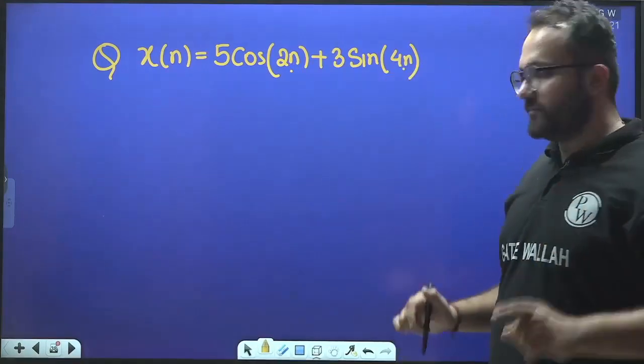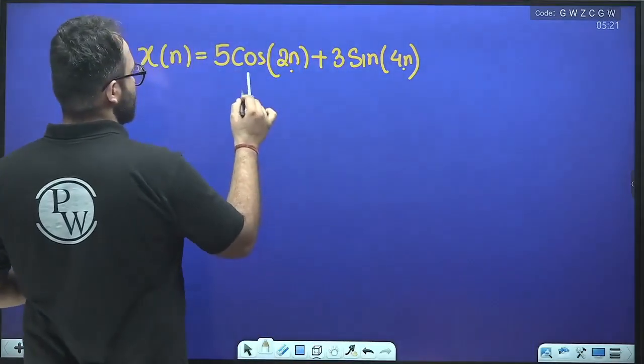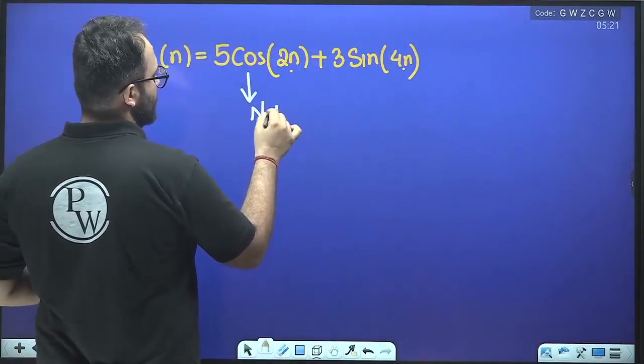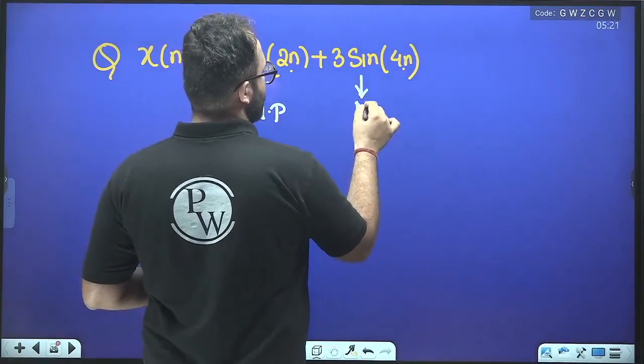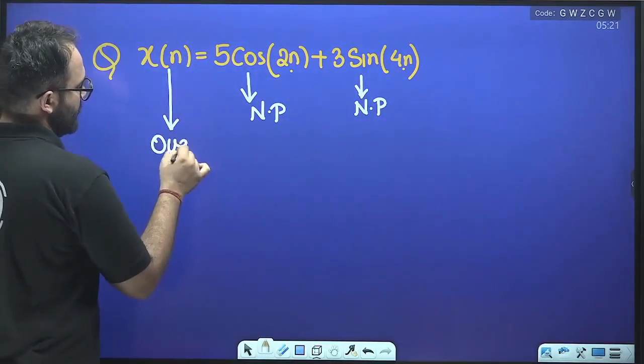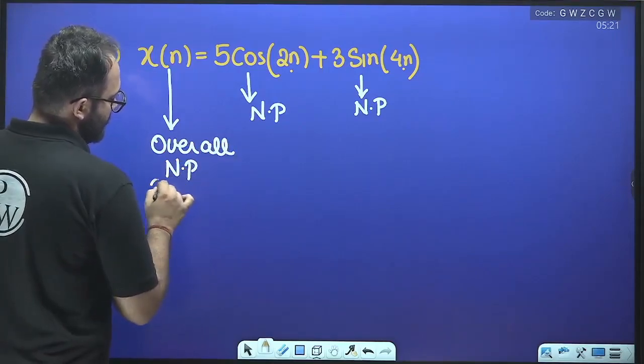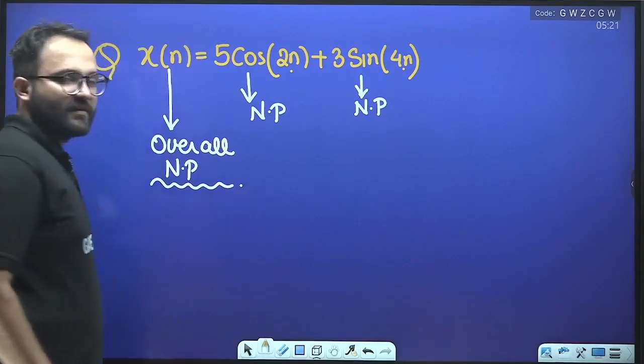There is no pi term here, and since there is no pi term, we can say that this is non-periodic, this is also non-periodic, thus the overall signal is non-periodic.